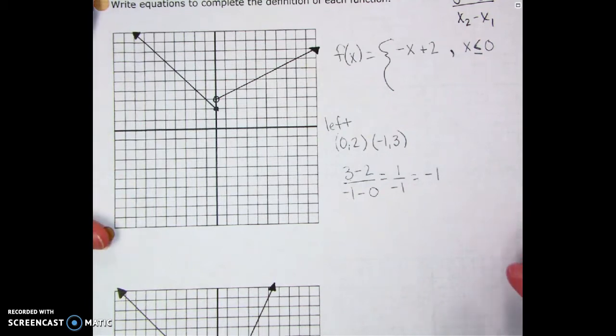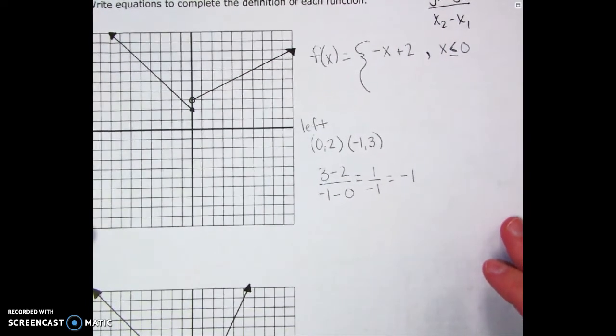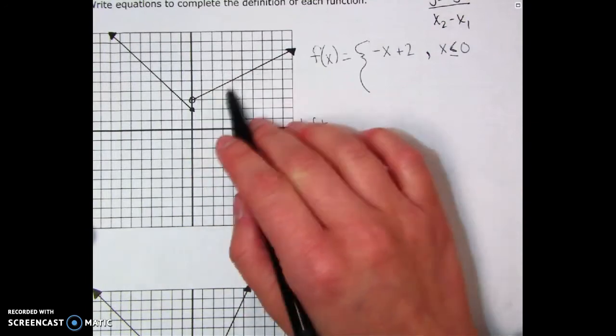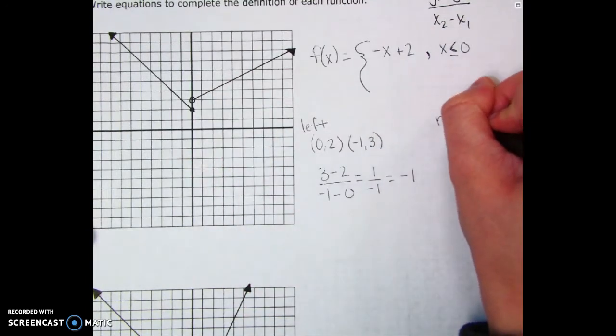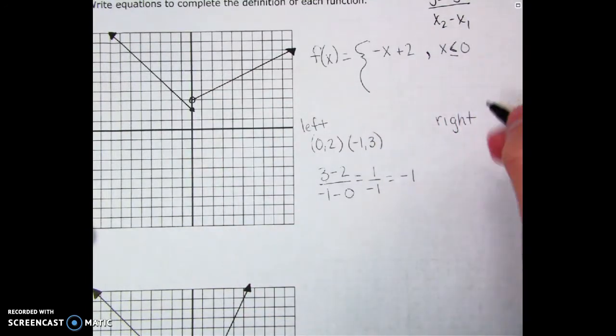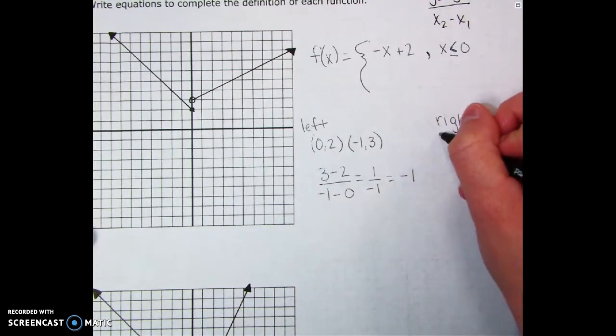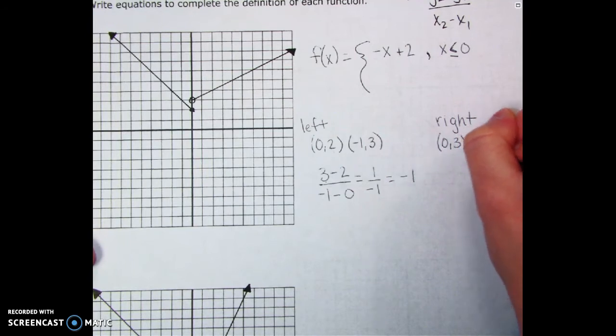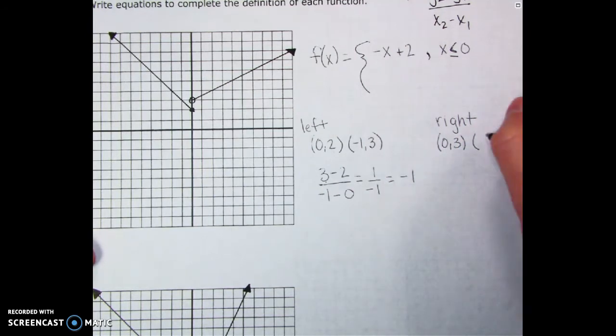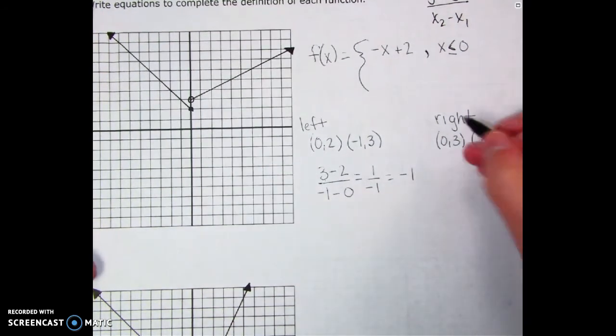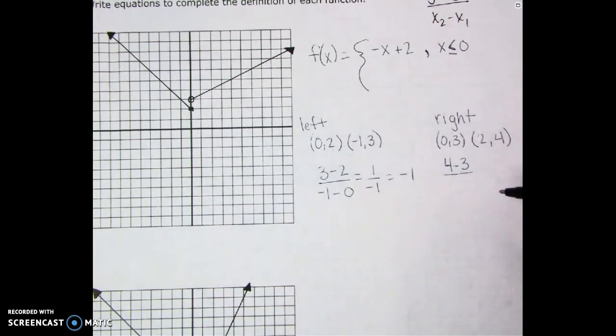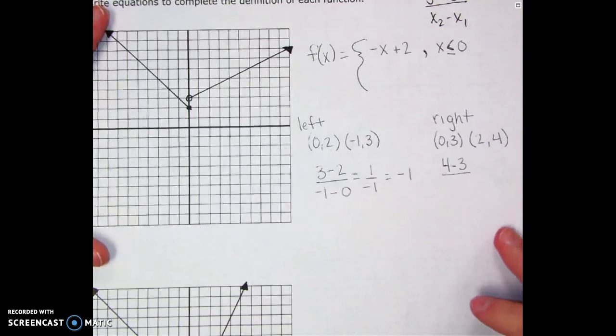Okay, we're going to use the same method to find the equation and all that lovely stuff for this other line. What's one point that's on that line? 0, 3. And what's another one? 2, 4. Okay, so I'm going to do 4 minus 3. Now, does it matter if you had different points to use?